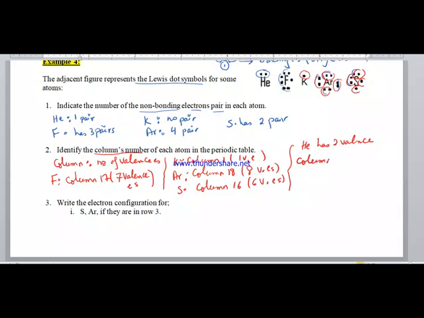Helium is found in column 18. This is an exception for helium. Helium is not located in column 2. It is placed in column 18 since the electron configuration of helium is only K2. This energy level is a saturated or complete energy level, like argon.